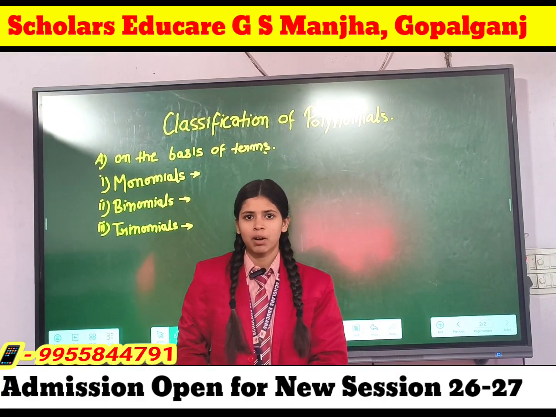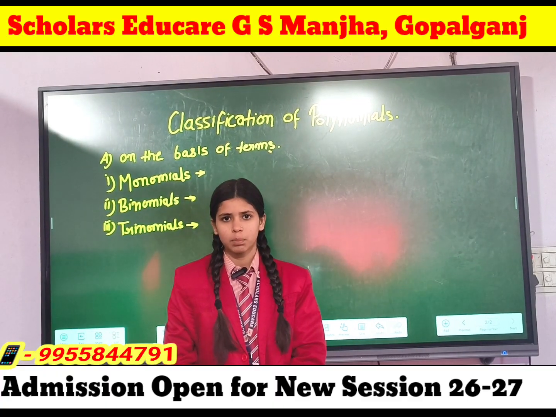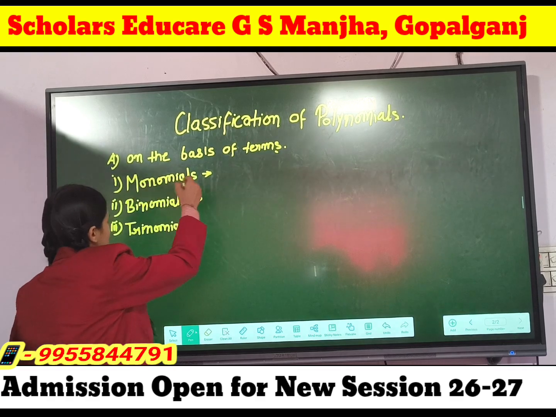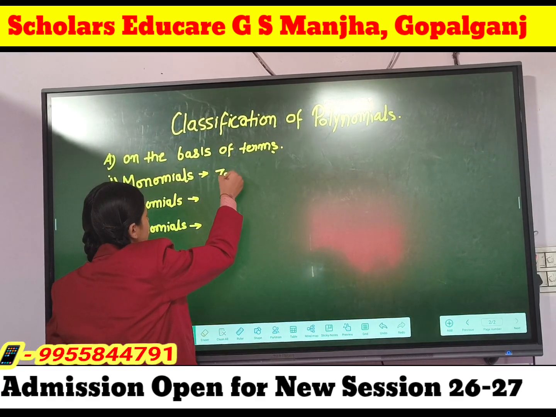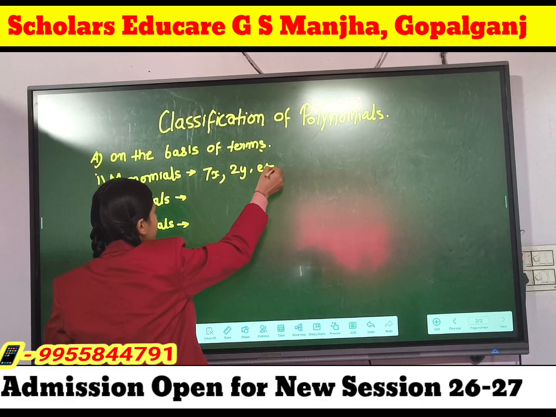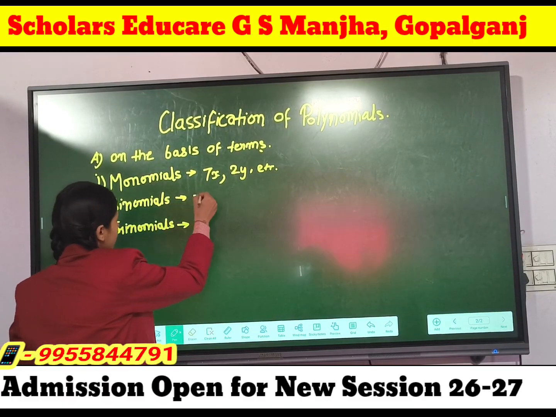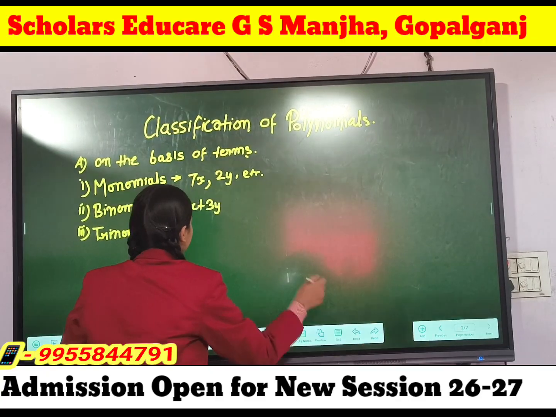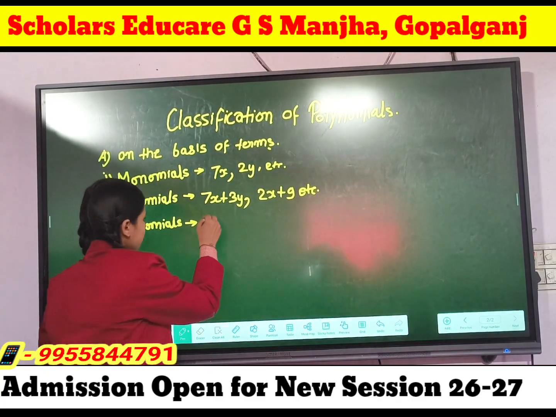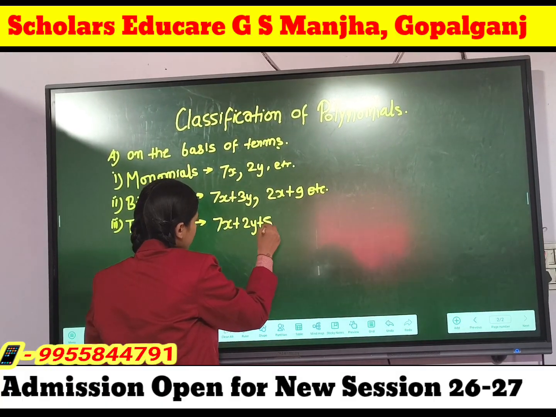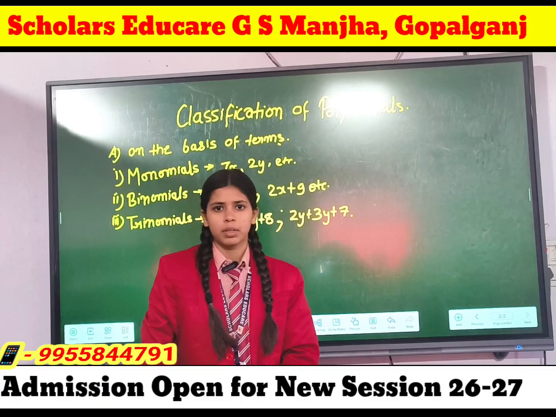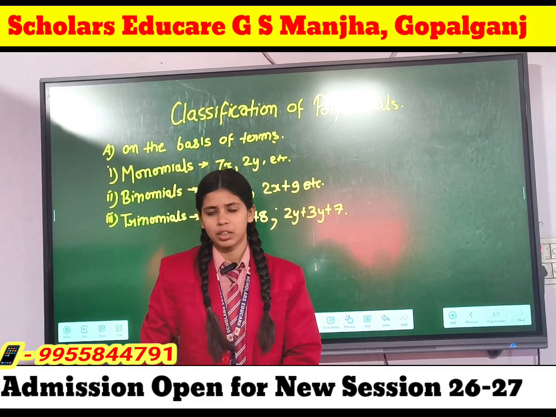Let's understand this classification of polynomials with the help of examples. The example of monomials is 7x, 2y, etc. And example of binomials is, and the example of trinomials is, this is the example of binomials, trinomials, and monomials.